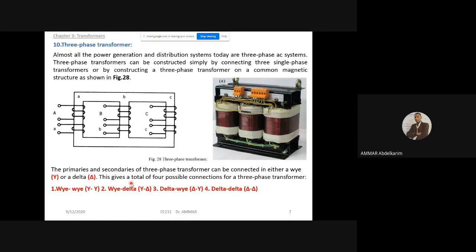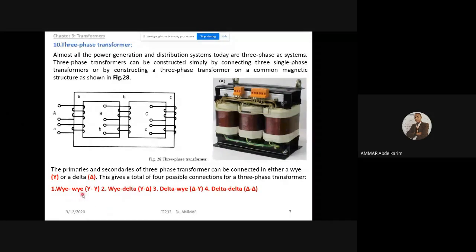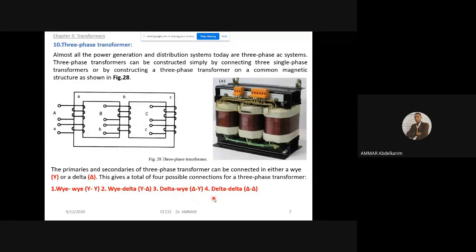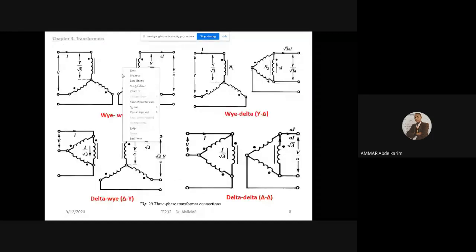So we will get 4 types of connections. Y-Y, which means Y in the primary, Y in the secondary. Y-delta, Y in the primary, delta in the secondary. Delta-Y, delta in the primary, and Y in the secondary. Delta-delta, which means delta in the primary and delta in the secondary. So those are the 4 types of the connection.